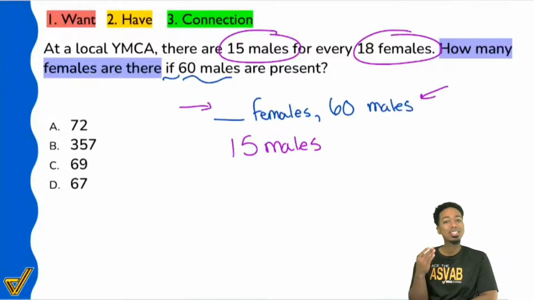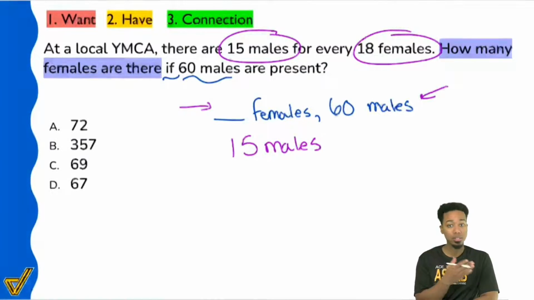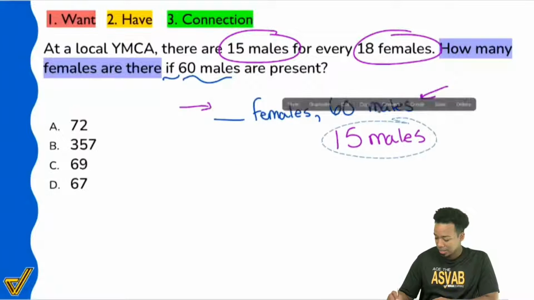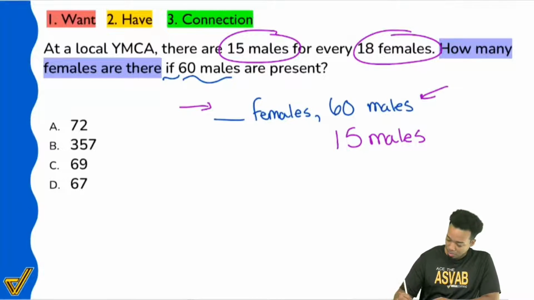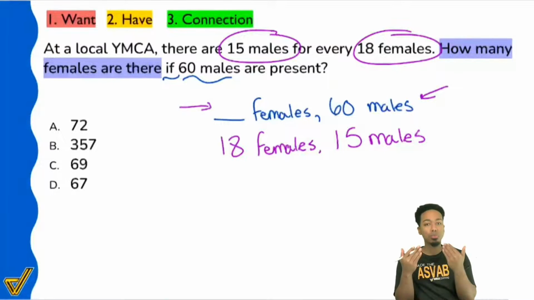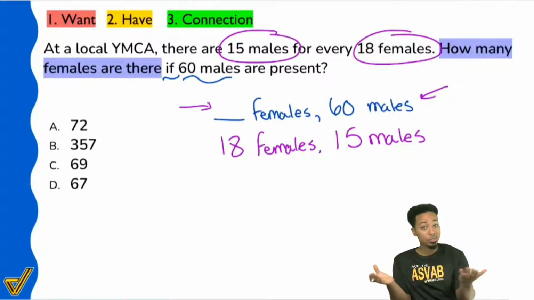So let's stick to one order, the same order, okay? If we wrote down blank females, 60 males, then we're going to write males second and females first. Again, very common mistake that you can avoid with some practice and some identification of the issue.